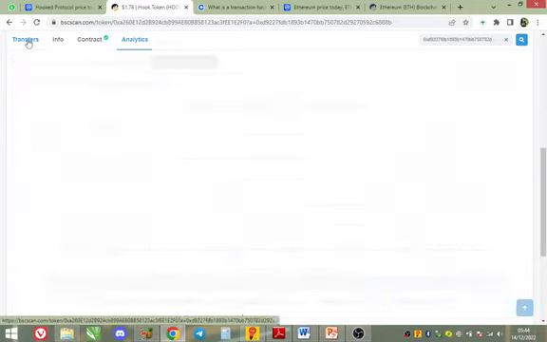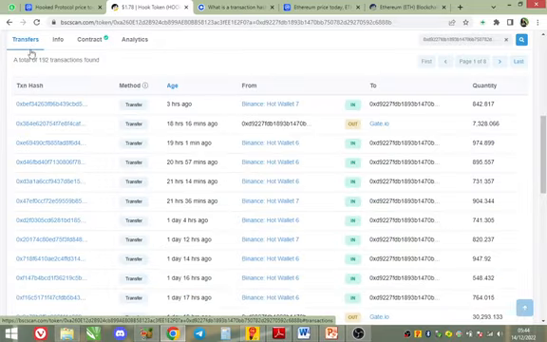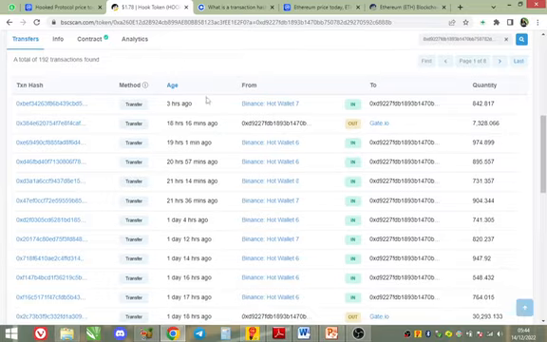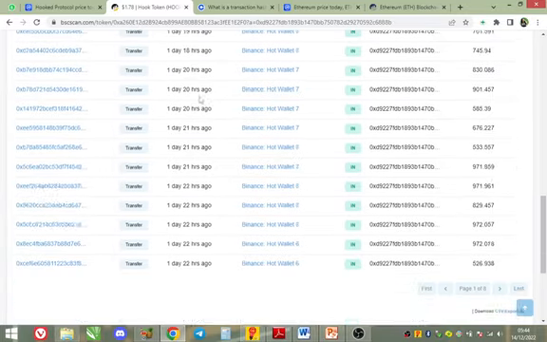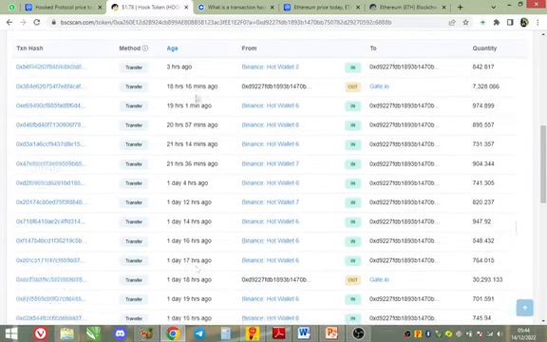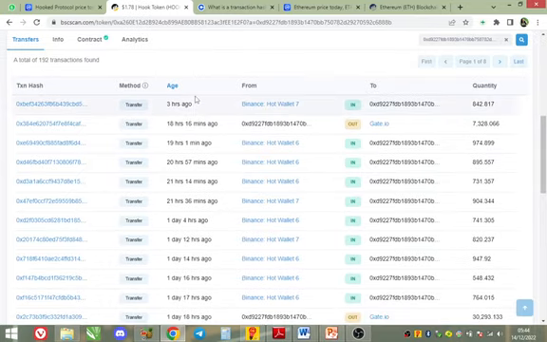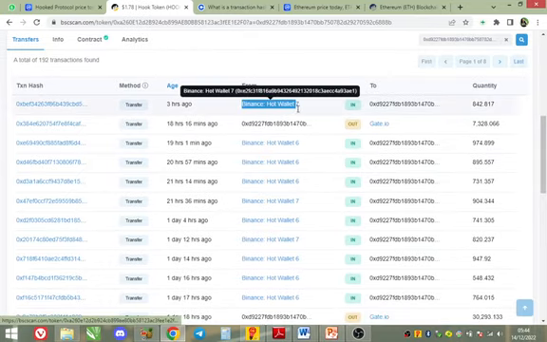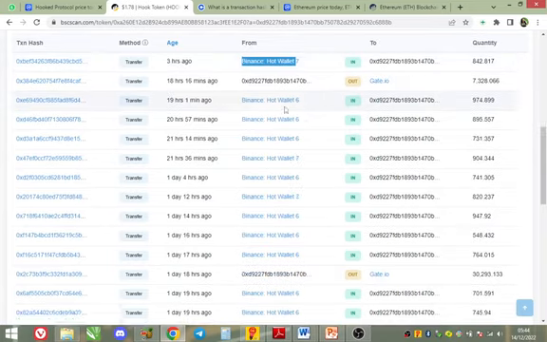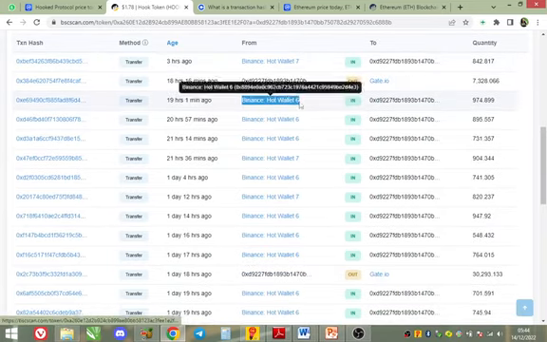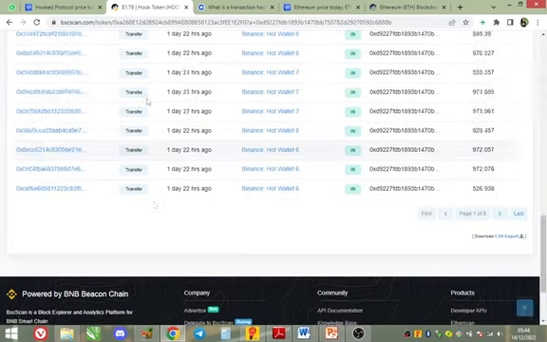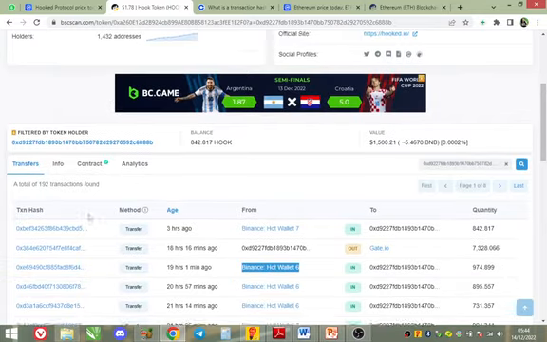Now if you go to his transfers, you can actually see what he was using. These are the exchanges. He has been using Binance to either buy and sell. You can see it and the rest. Well, I will not talk much on this.